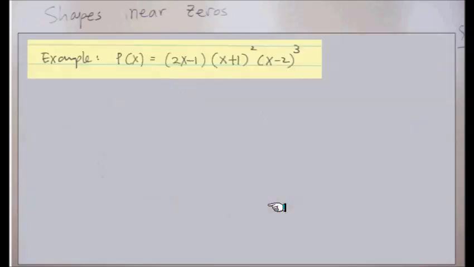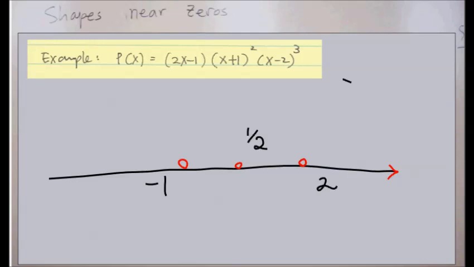Right, let me use an example to explain how to use that information to sketch the graph of this polynomial function. So I wrote these in. One of the zeros, 1/2, is relatively located here, and the other zero is 2, relatively located there. Negative 1 from that factor is located here.